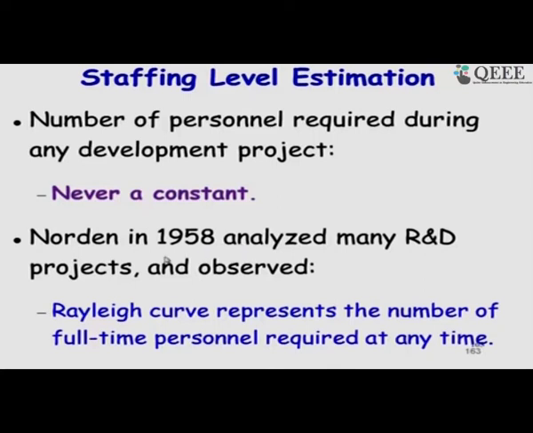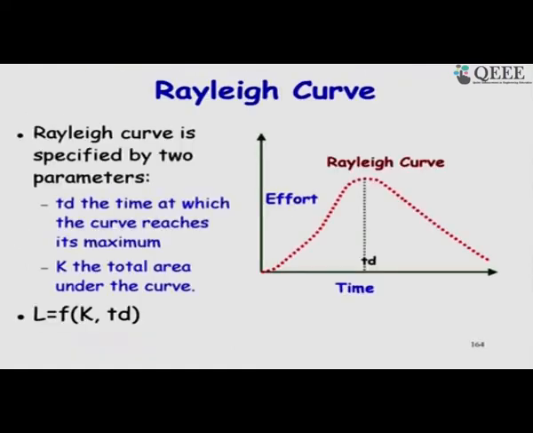Here he observed that a Rayleigh curve would model the number of personnel required at any time. If we employ persons not according to a Rayleigh distribution but at a constant level, then we will be wasting effort. That was his observation, a very old result. The Rayleigh curve looks like this. We will see the actual equation for this.